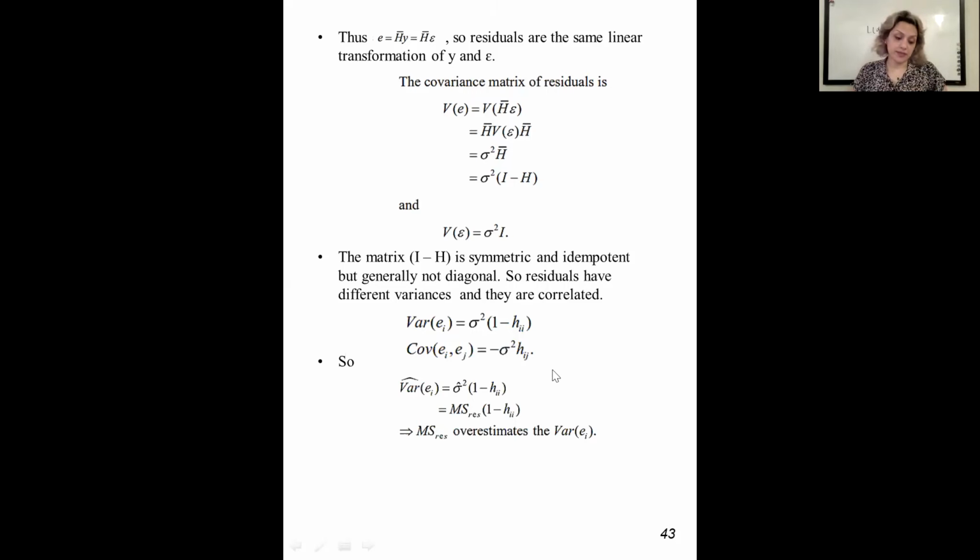So far we always said that the variance is going to be the MS of the residual, right? Based on this model, the mean square of the residual, in fact, overestimates the variance that we would have for e_i, which makes sense because this one is equal to the variance that we have for the pure error and the variance that we have for the lack of fit.